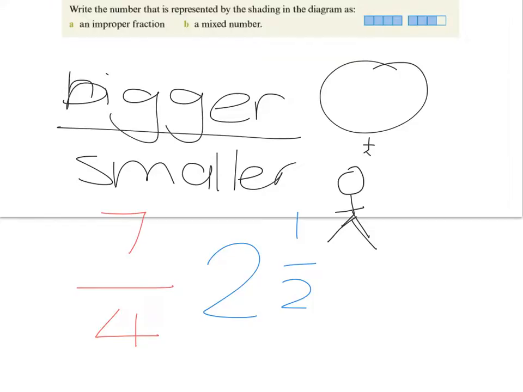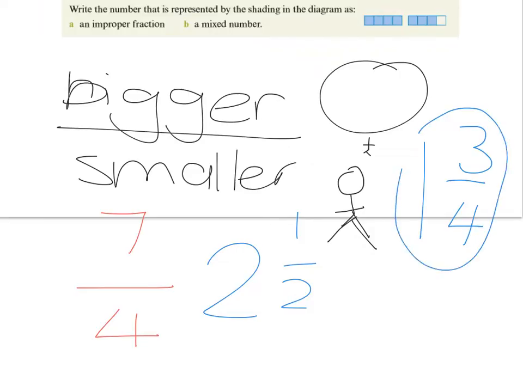Well, we would say we have 1 whole, and then we've got how many parts? 1, 2, 3, 4. So we've got the same as this, okay? So we say we've got 4. And how many are shaded? 3. So basically, 1 3/4 is our mixed number.